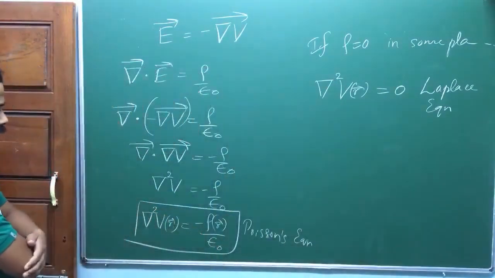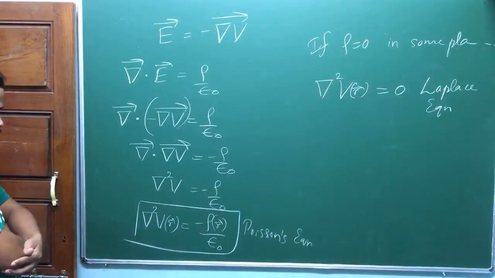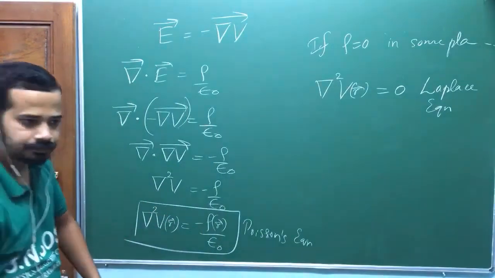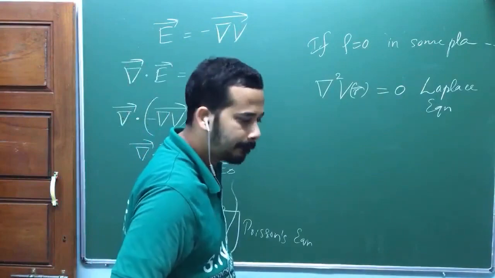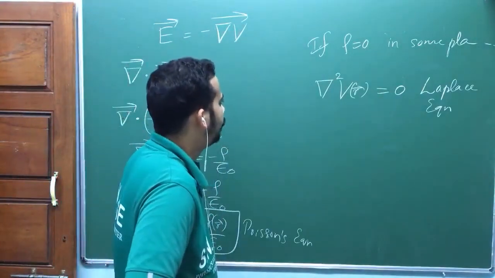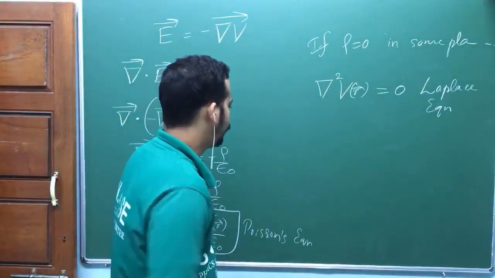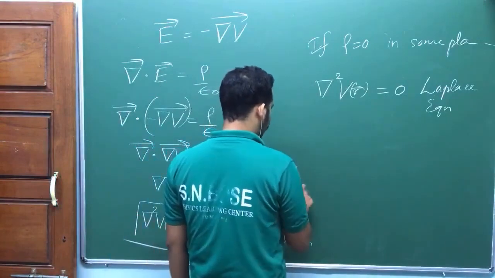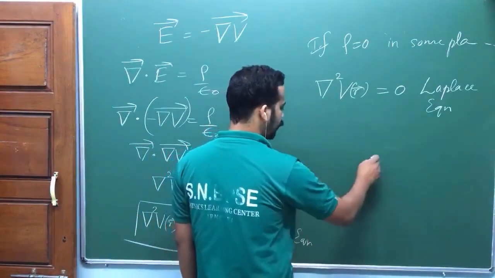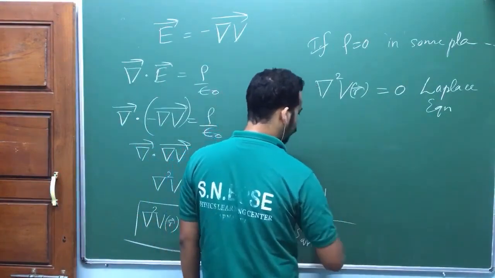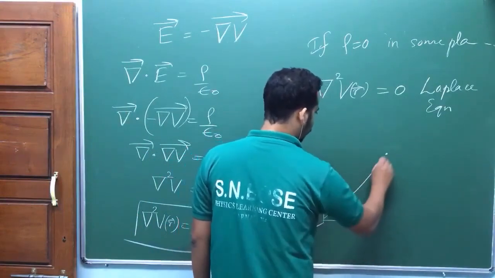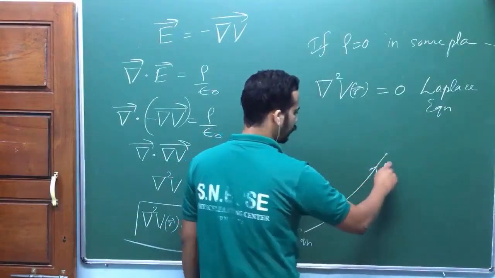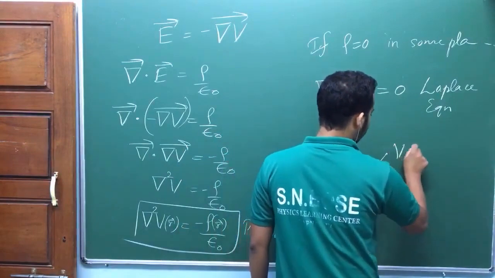Now look here. One question. Yes, speak out. Sir, no charge means, in the example, sir, no charge means... No, suppose here you have some charge distribution, and here you have some origin. You are finding the potential where there is no charge, V of r.